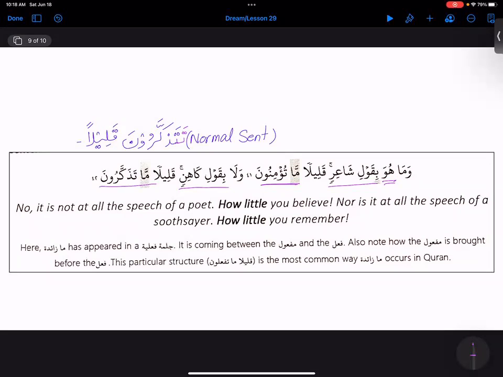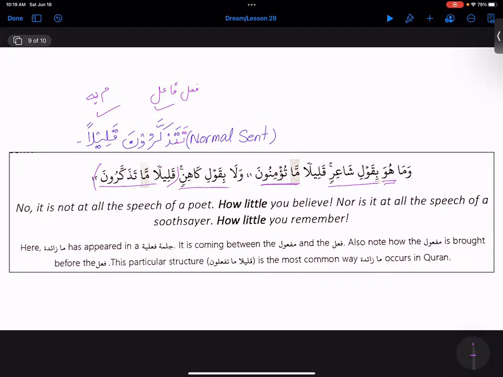So now, can you think what's going on over here? Qalilan ma tadhakkarun. Actually, if we go to the normal structure, it should be tatadhakkaruna qalilan, or tadhakkaruna qalilan, because this is fa'il, and qalilan is the maf'ul bihi.